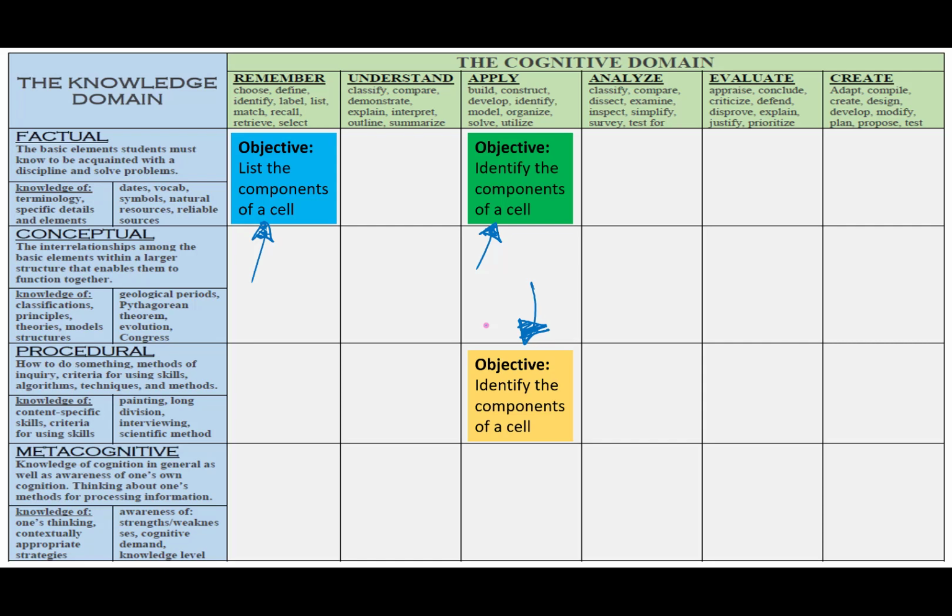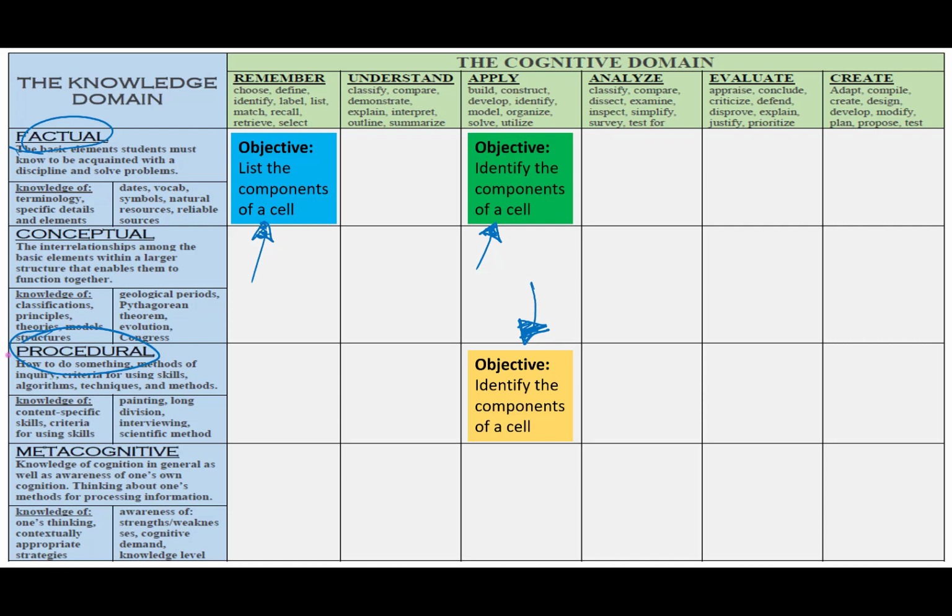So, staying in the same cognitive domain but moving from a factual to a procedural knowledge domain, this might be something where now we're in a lab and we're actually with a microscope looking through and identifying those components ourselves and labeling them ourselves. Maybe we are doing some sort of dissection where we're taking muscle tissues and identifying the components of that.